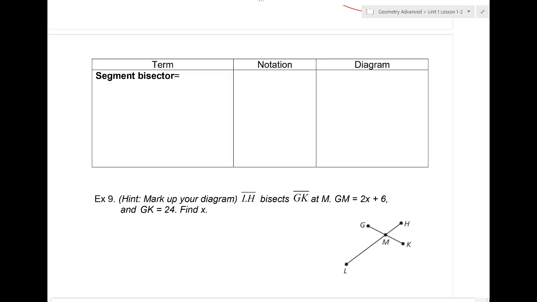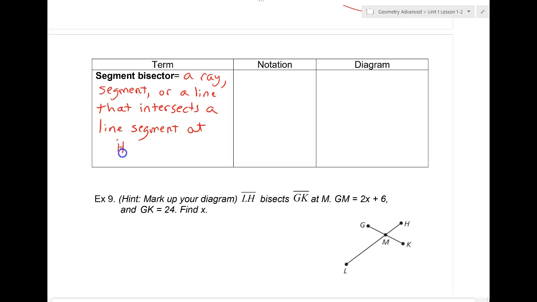So if I have a segment bisector, it's going to be a ray, a segment, or a line that intersects a line segment at its midpoint. Basically, wouldn't it do the same thing as a midpoint does? It's going to divide it into two congruent segments.